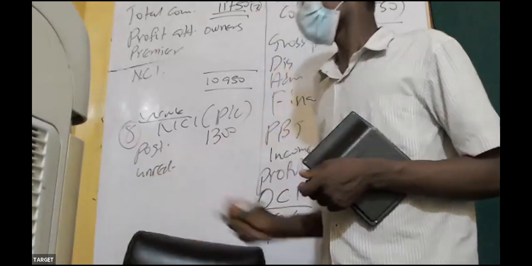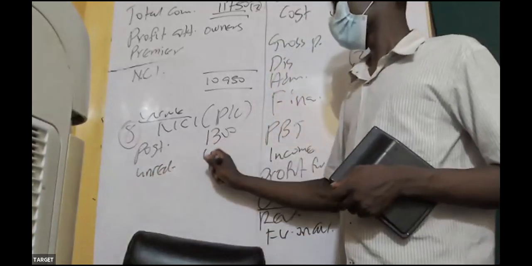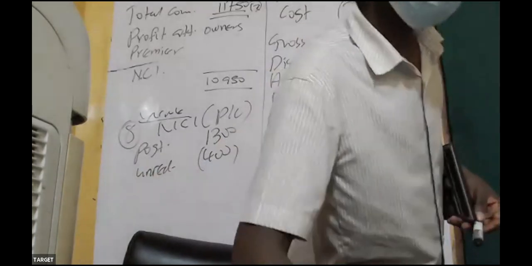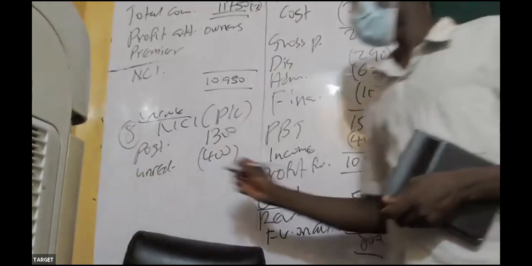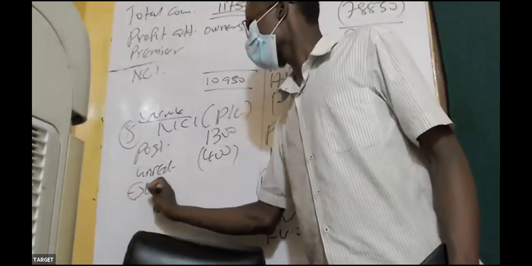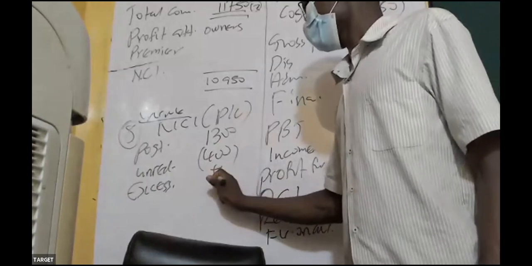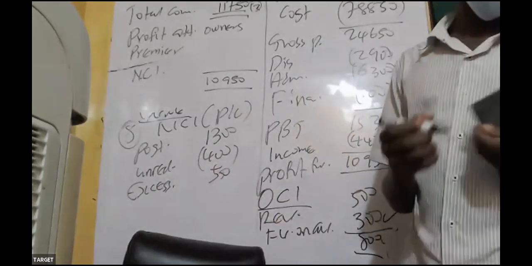So unrealized profit, we had 400. Kindly subtract it. When you are done, there's excess depreciation. Add back the excess depreciation to it. Excess depreciation is 50. Add the 50 to it.